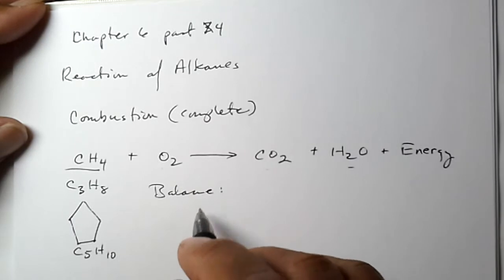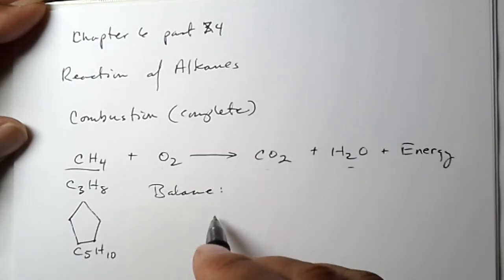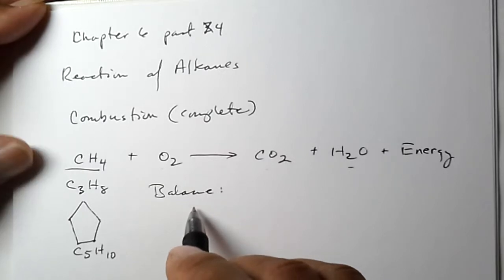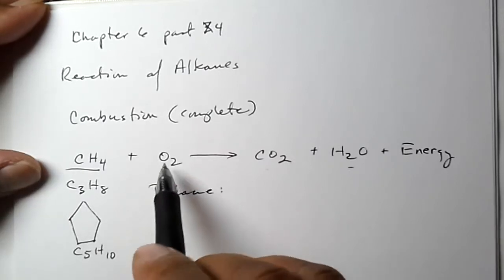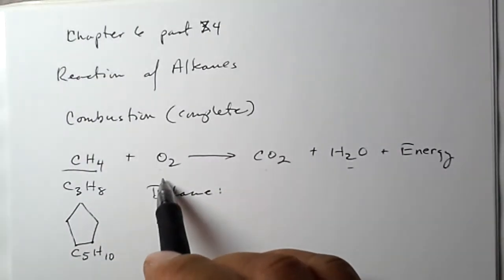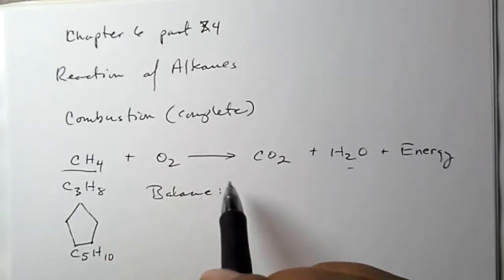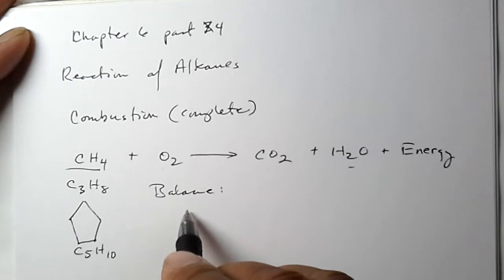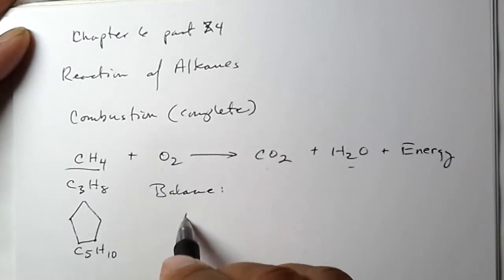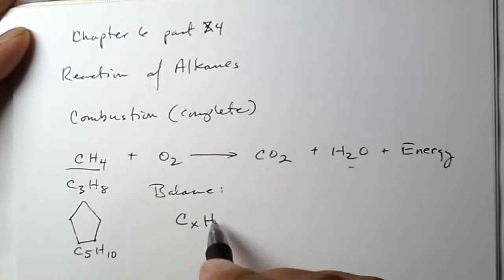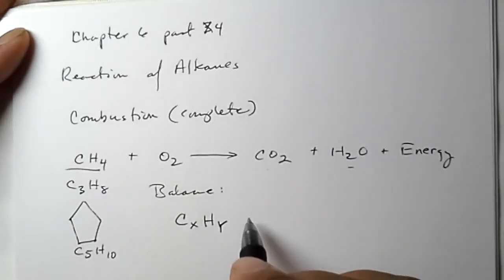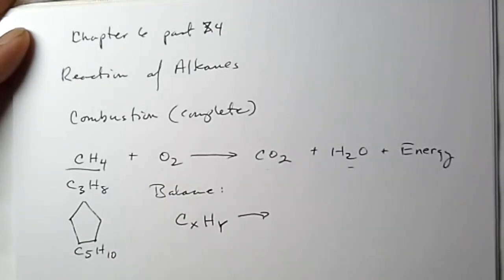And in order to balance, we want to, of course, count up the number of elements on one side to make sure they're equal to the number of elements on the other side. There's a general way of doing this whenever we're burning hydrocarbons.